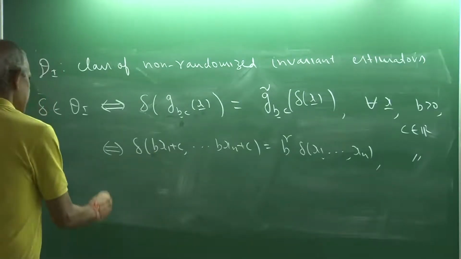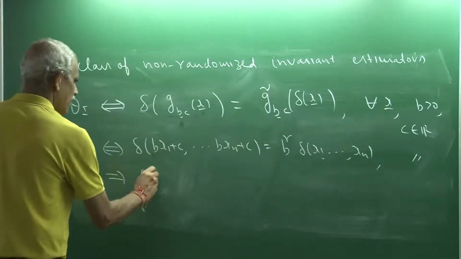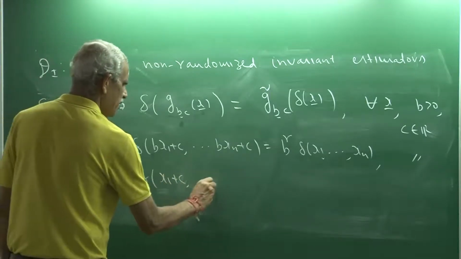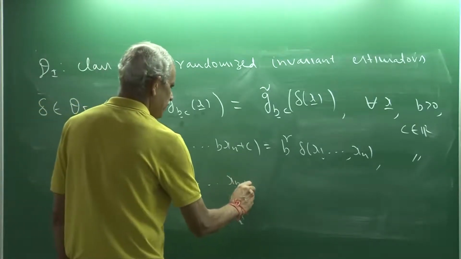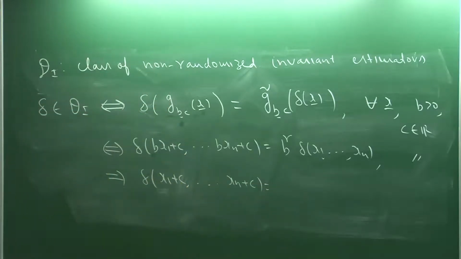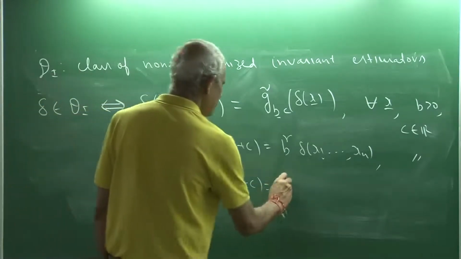So this suggests that delta of x1 plus c, ..., xn plus c is nothing but delta of x1, x2, ..., xn.